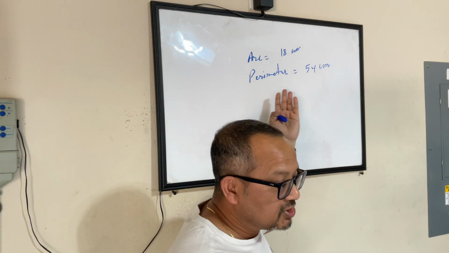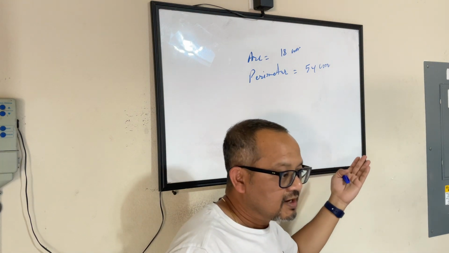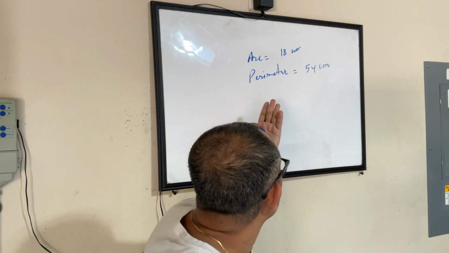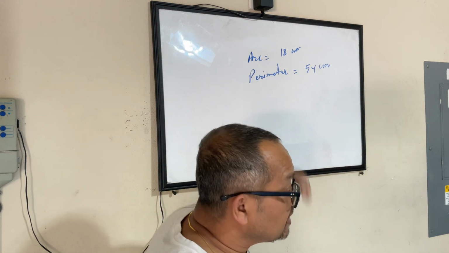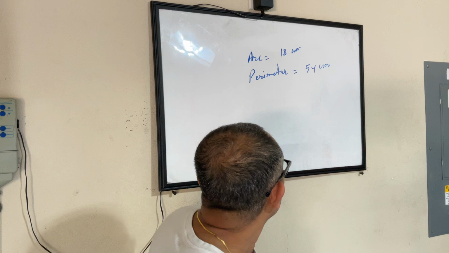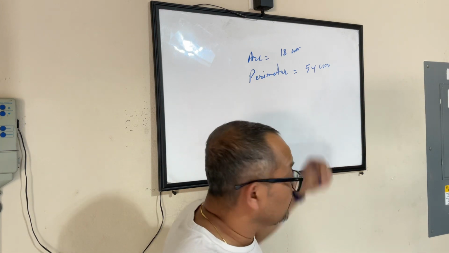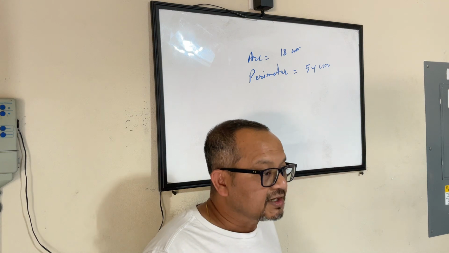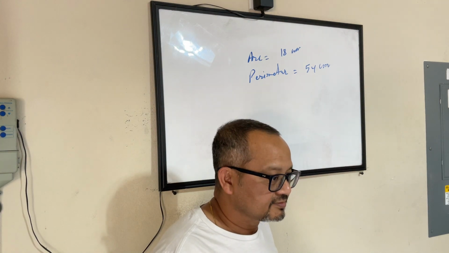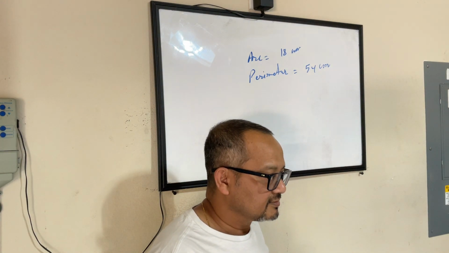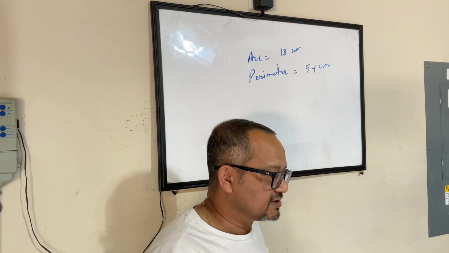Now, I did not talk about the radius. I did not talk about anything else. I said the arc length is 18 centimeters and the total perimeter of the circle is 54 centimeters. Find out the angle it makes at the center. Any guesses?